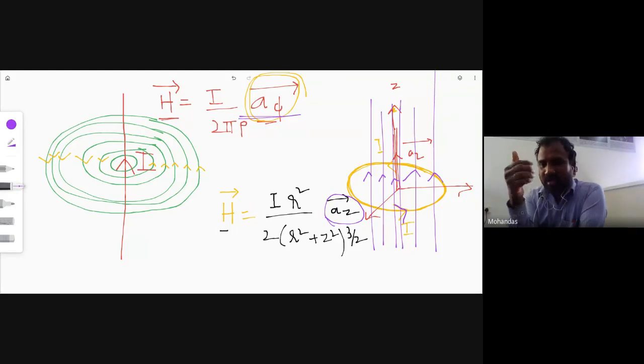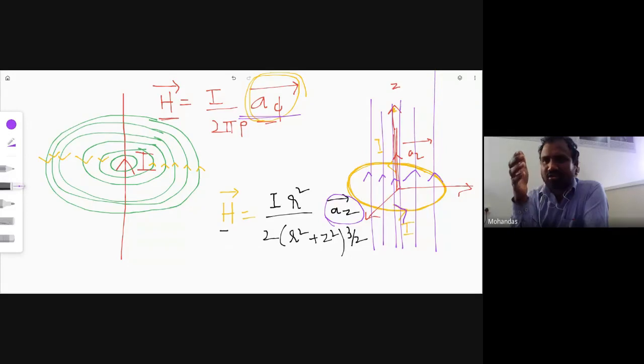Okay, now if you take these four fingers in the direction of the current, the thumb is in the direction of the AZ. So it shows the magnetic field intensity or magnetic flux lines direction. Okay, is it clear to everyone?